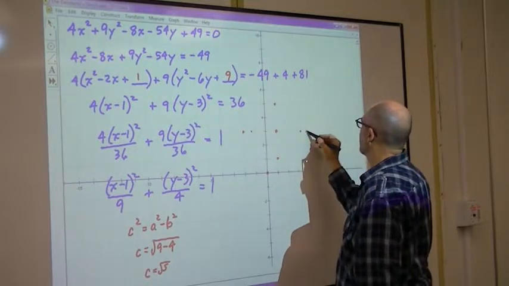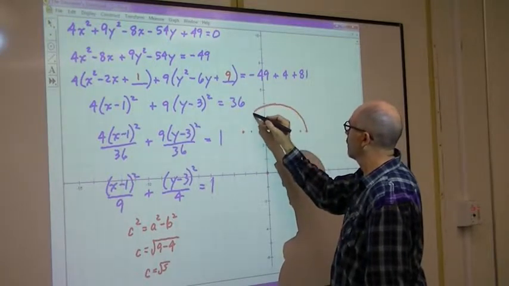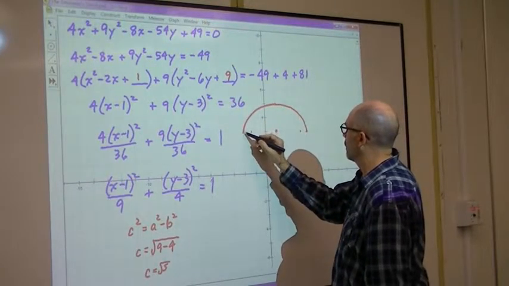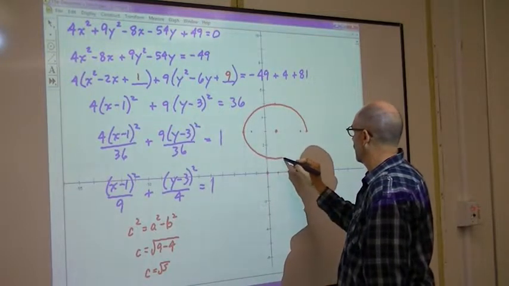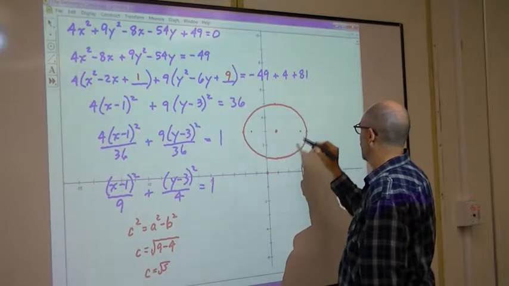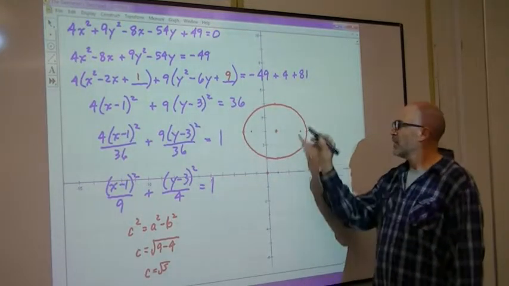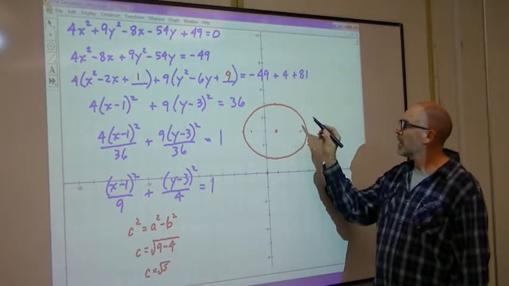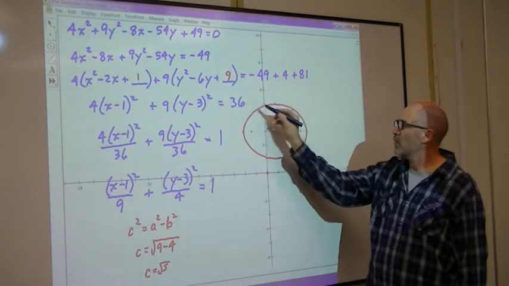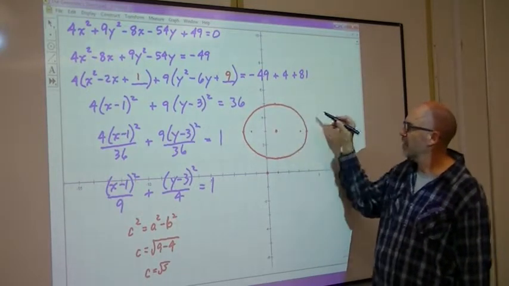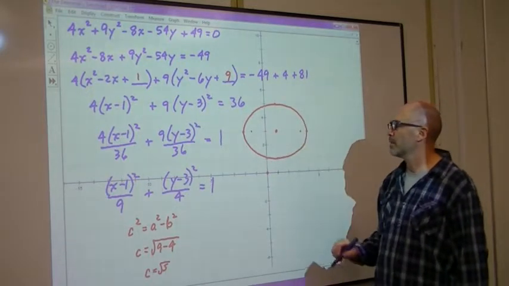There's our ellipse. Okay, now when drawing an ellipse, the important thing is the curve needs to be smooth, but also when you get to the vertices, you should have vertical tangents on the left and right and horizontal tangents on the top and the bottom.